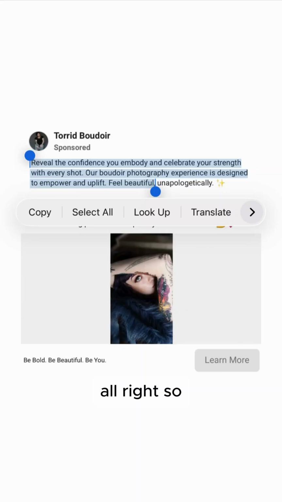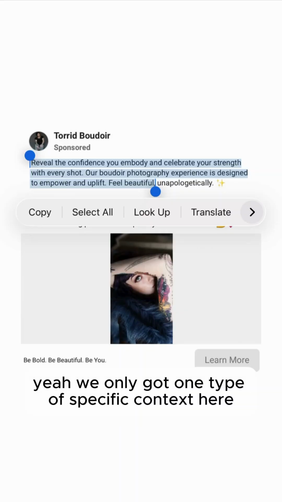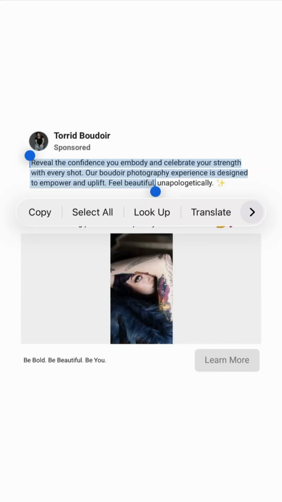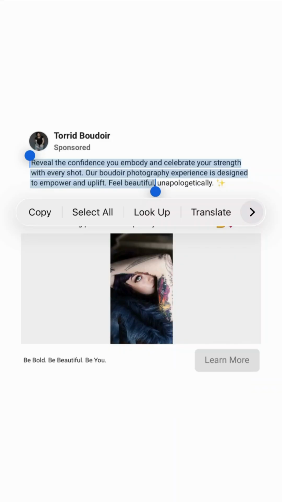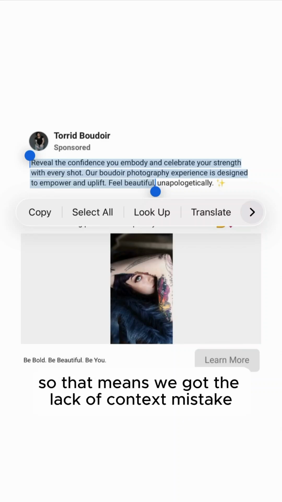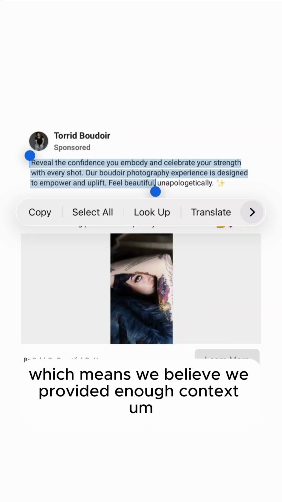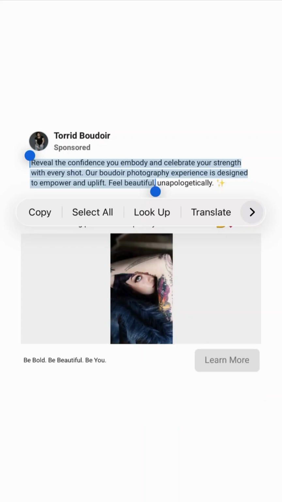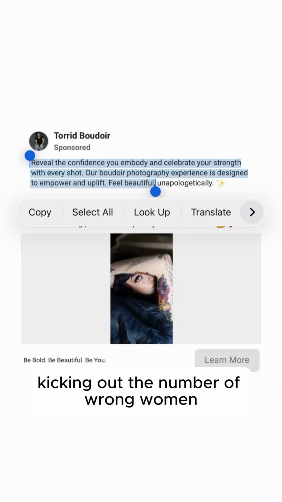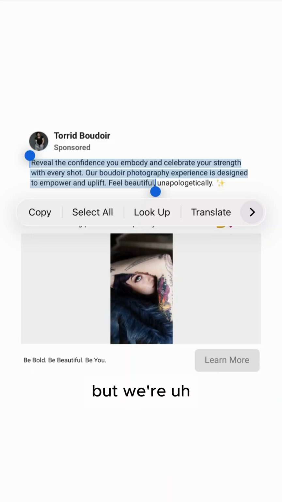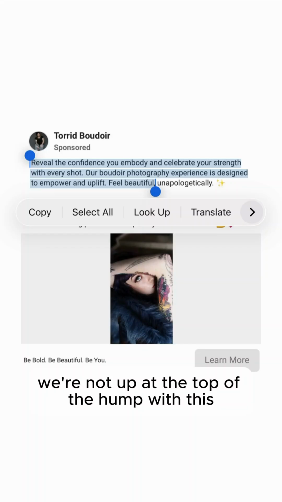All right, so yeah, we only got one type of specific context here. Repeated different ways a bunch of times, but still only one piece of relevant context. So that means we got the lack of context mistake, which means we believe we provide enough context to maximize the number of correct women coming in, kicking out the number of wrong women, but we're not up at the top of the hump with this.